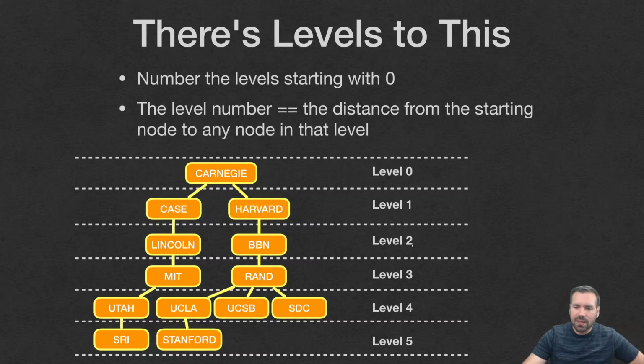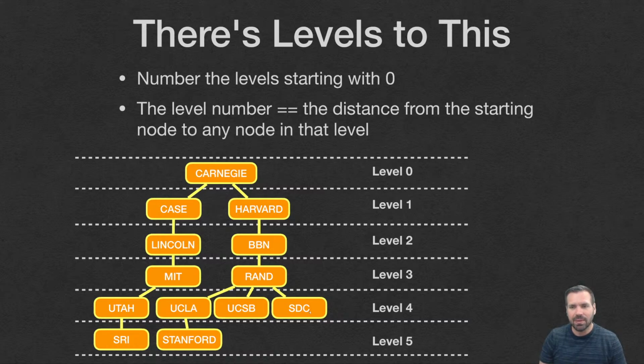So all the nodes on level 2 we know have distance 2 from Carnegie. On level 4, all these nodes have distance 4 from Carnegie, meaning that the length of the shortest path from Carnegie to these nodes has to be 4. You cannot get from Carnegie to any of these 4 nodes with 3 edges.